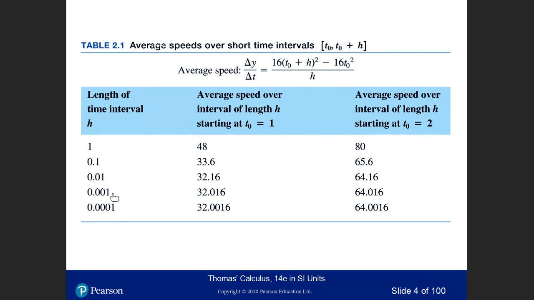Now, if you reduce it 1,000 times or 10,000 times, it seems that this goes to a constant number, one for t0 equal to 1, and another constant number for t0 equal to 2. So what's happening here as h goes towards 0? We can continue, reduce it 100,000 times, etc., and we will still have 32 something here, and here 64 something. Okay, let's try to figure out what this gives us.